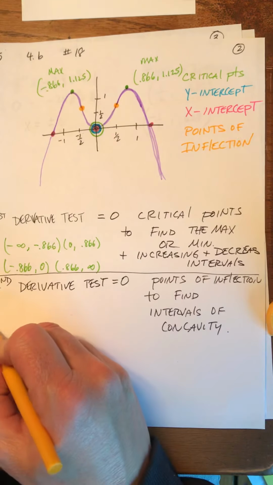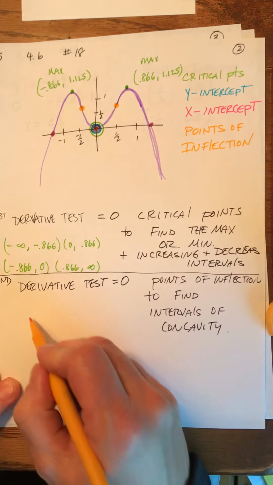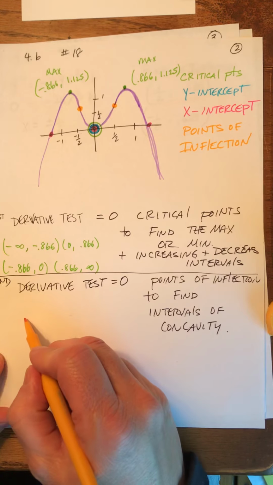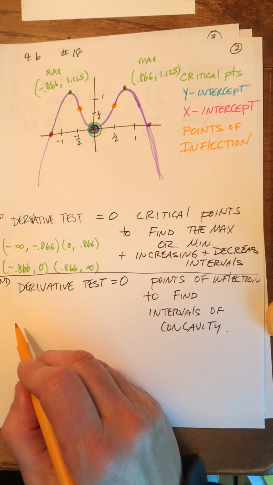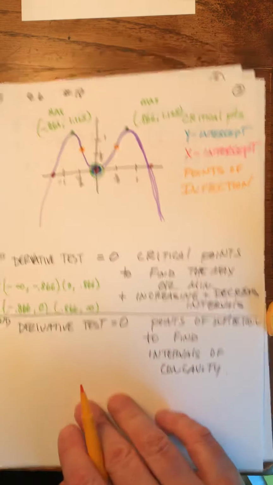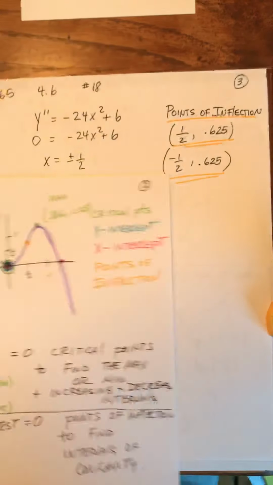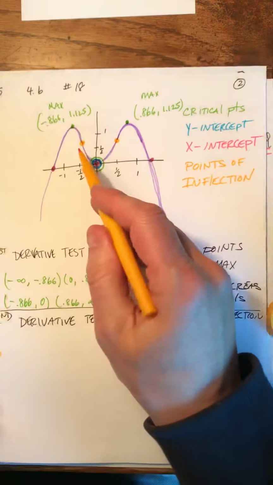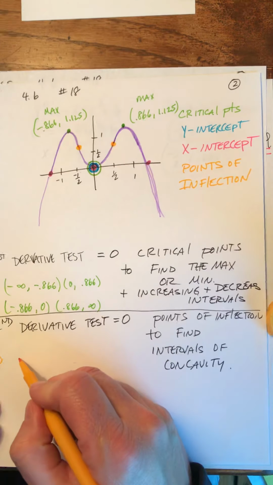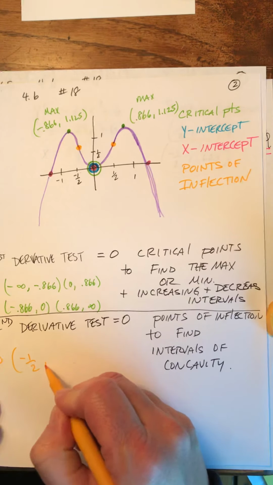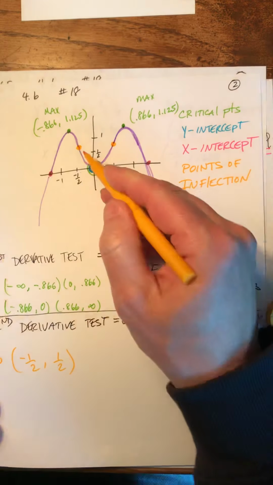The intervals of concavity, so an upward concavity would be anything from my point of inflection, which we found on the other page, which was, where's my point of inflection? At 1/2 and -1/2. So at -1/2 to positive 1/2, I have concave up.